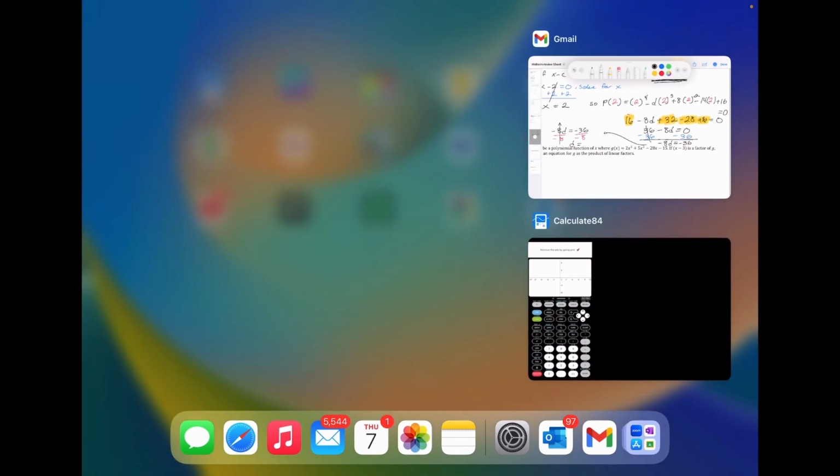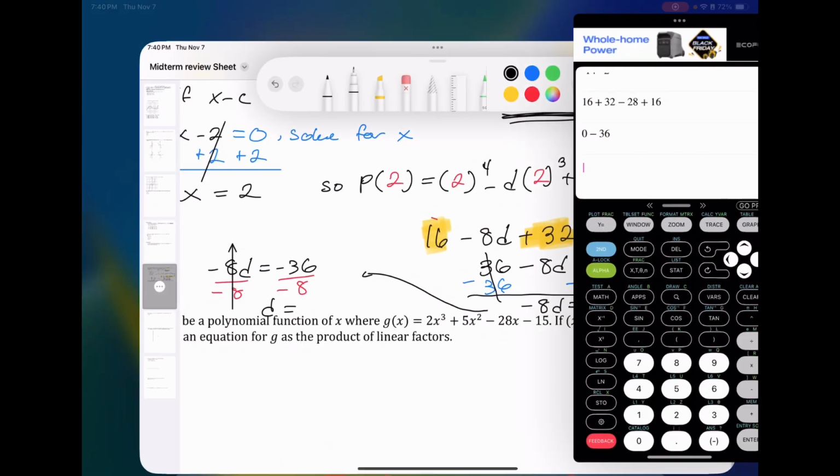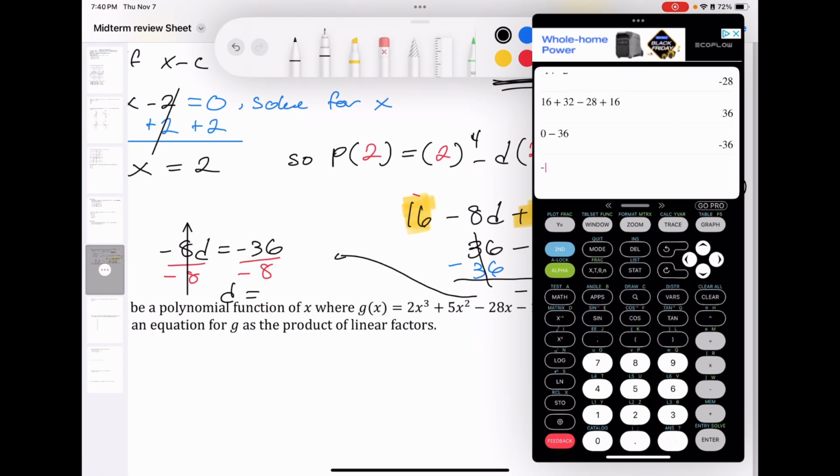So calculator. Negative 36 divided by negative 8. Hit enter. And I want it as a fraction, so you can hit second on your calculator, hit math, enter, enter, and we get 9 over 2.